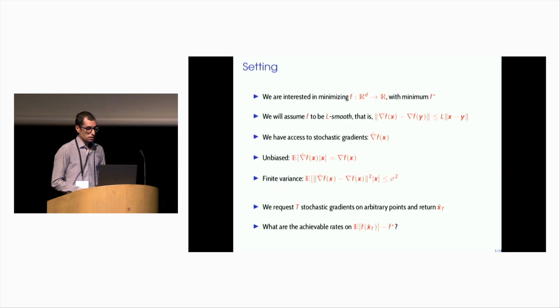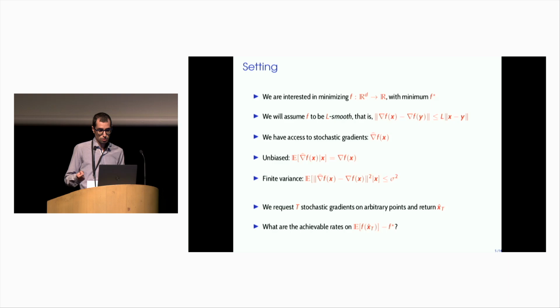Before stating the results, I will stress the exact setting that is considered. The function f is supposed to be smooth, so gradients are Lipschitz. As I said earlier, we query the gradient at some point, and we receive a stochastic feedback that is an unbiased estimate of the gradient.